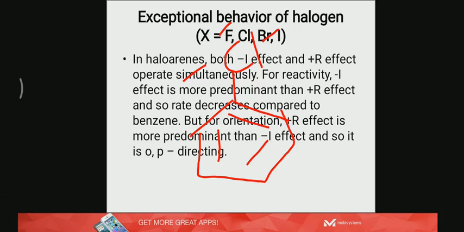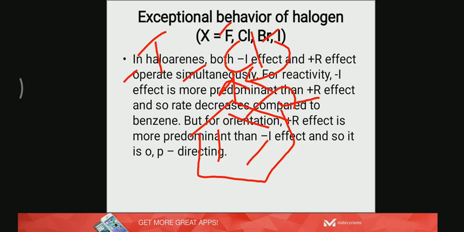So you know that halogen is most electronegative, so it has a minus I effect operating through the sigma bond, which we have already learned. Cl will be withdrawing electrons through the sigma bond. At the same time, due to the presence of a lone pair which is in conjugation with the benzene ring, this lone pair can get delocalized into the ring also. That is plus R effect. So two effects are operating simultaneously.